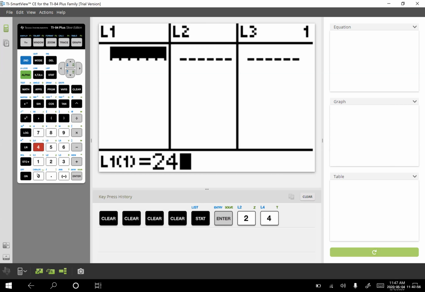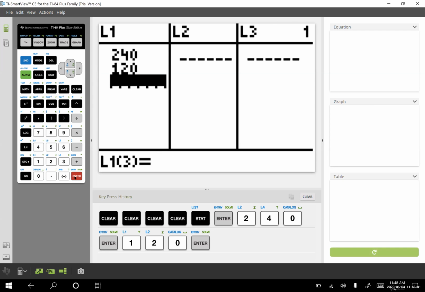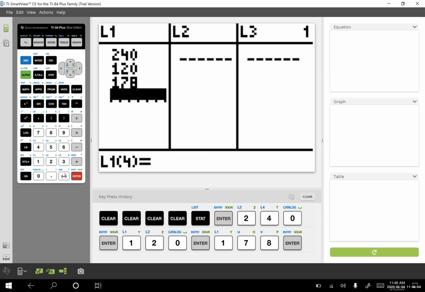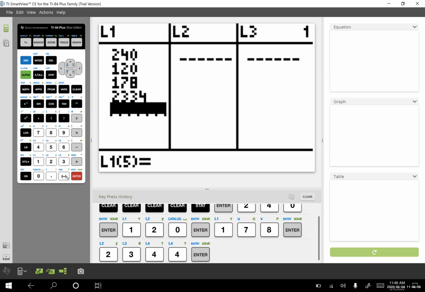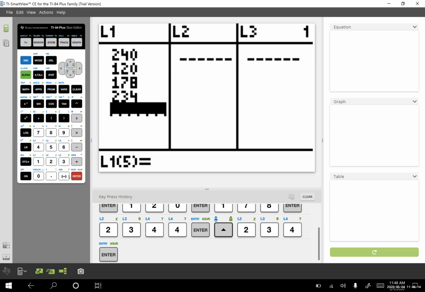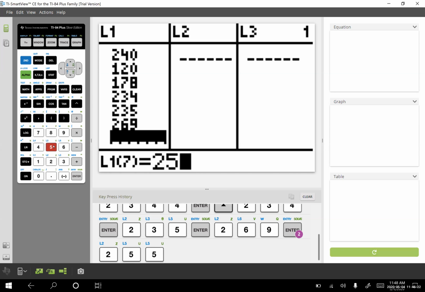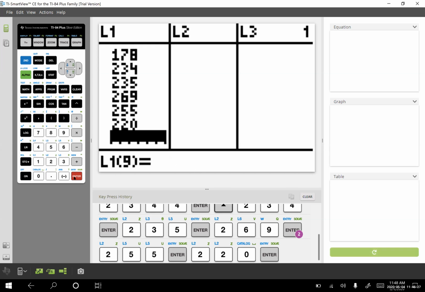So let's do 240, enter, 120, enter, 178, enter, 234, enter, 235, enter. Sorry guys, I didn't think to enter this in first. I should have. 255, enter, 220, enter. So let's see, 1, 2, 3, 4, 5, 6, 7, 8. So that's good. Now let's go over to list 2.